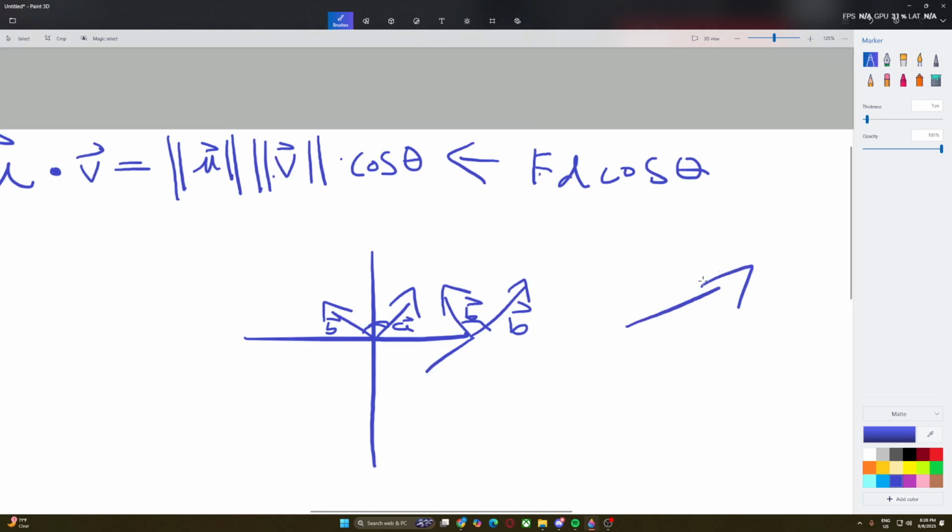Say this is the distance you're going, d, and your force is opposite. Then you're doing negative work because the angle between them is 180, and cosine of that is negative 1. The force acting against the motion is opposite to it. Likewise, say that's 30 degrees and that's the force.